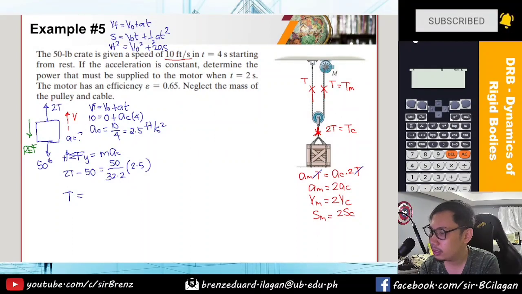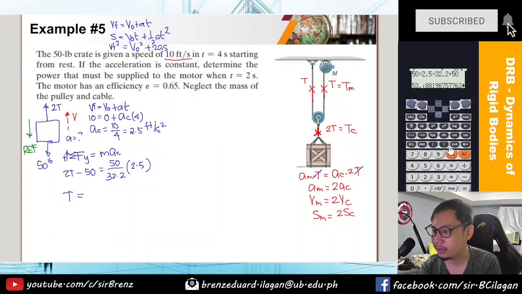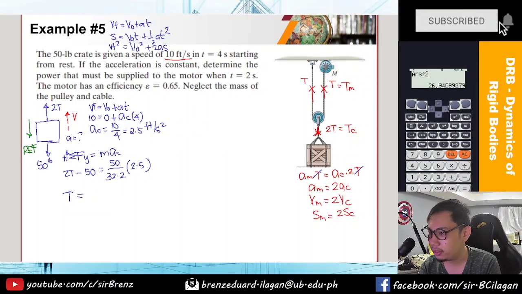So, where's the calculator? So, 50 times 2.5 divided by 32.2 and then plus 50. And then divided by 2. So the tension at C, or sorry, the value of tension T is, it's not C because it's 2T.